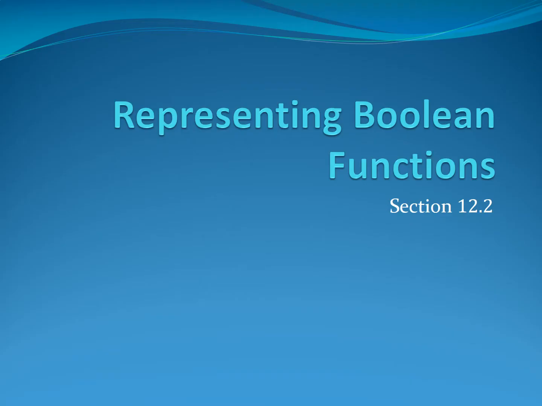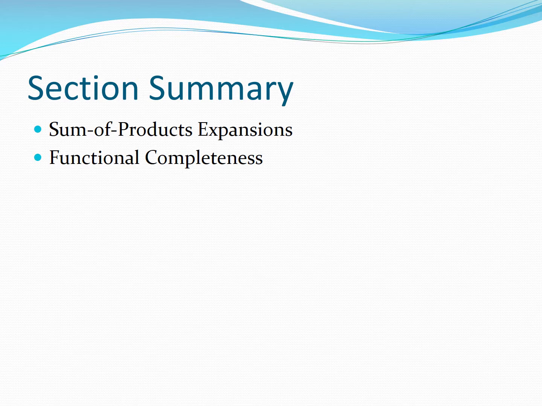So in the next part of Boolean algebra here, we are going to learn about how to represent Boolean functions. Specifically, we are going to learn about sum of products expansions. And there is going to be some relationship here with the DNF and CNF that we covered in propositional logic.